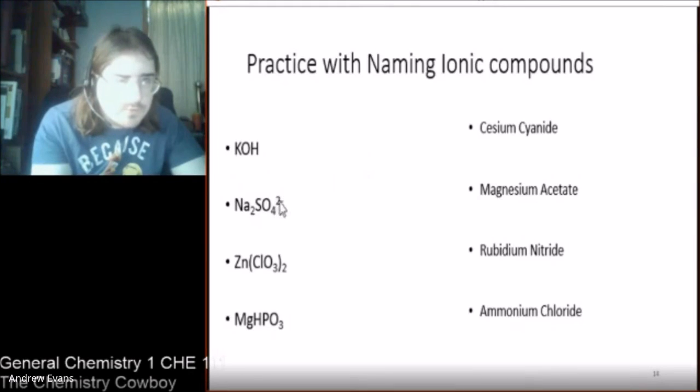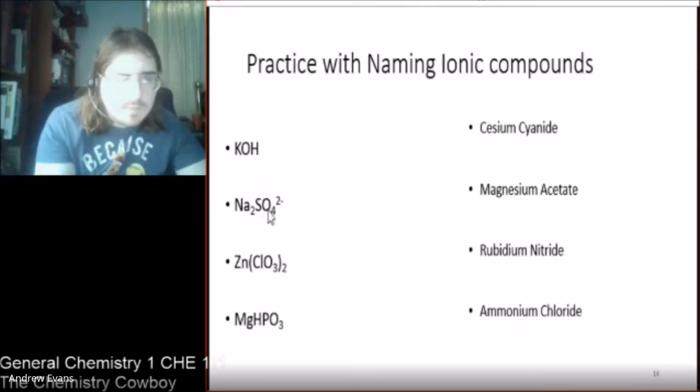That should be neutral. But so KOH. K is potassium. Potassium is group 2, oh sorry, potassium is group 1. So we don't need a symbol. It's just K, potassium hydroxide.